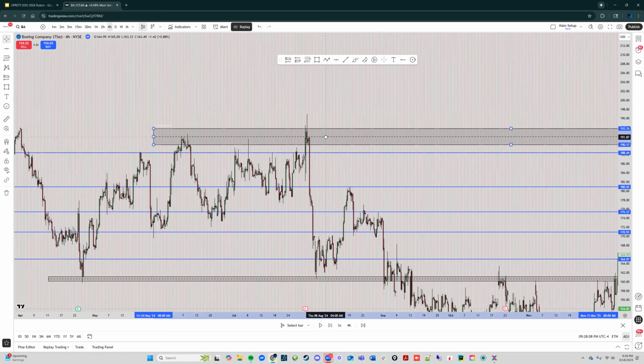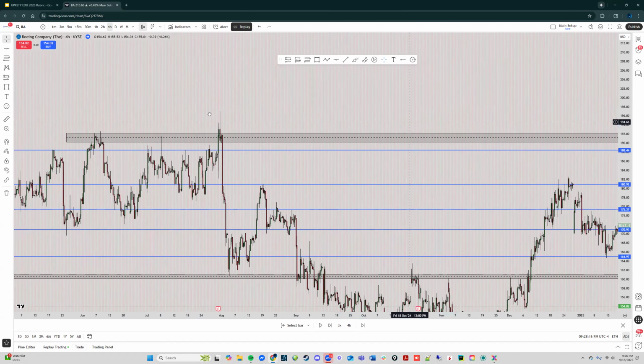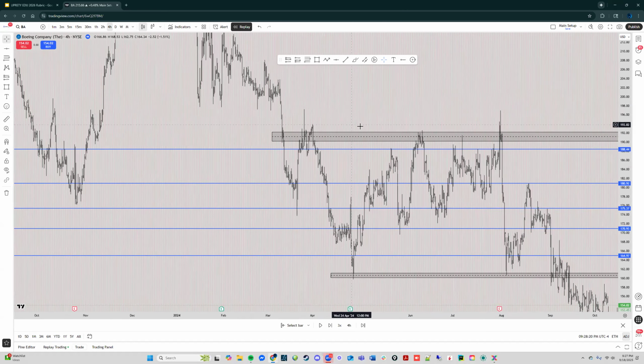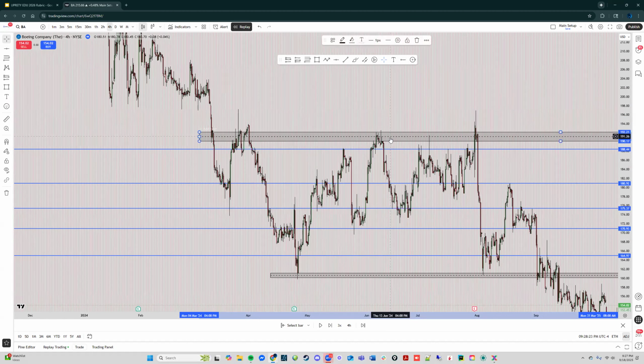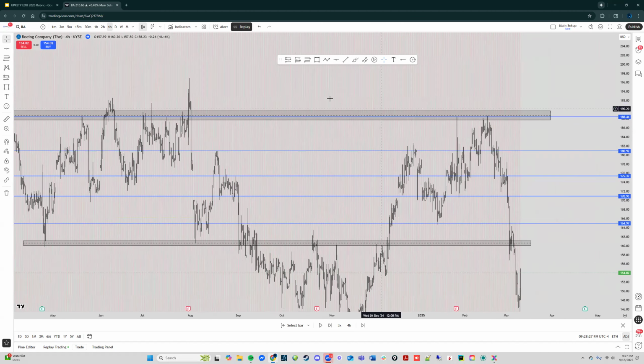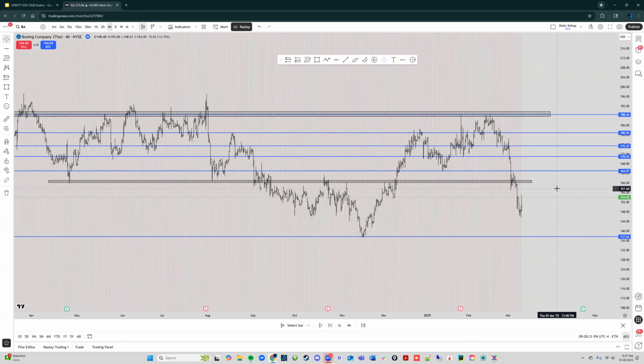Let me try to fix it here. Should I leave it there or move it down here? All right, I'm going to move it down here. Are you guys pretty happy with this now? I think everybody likes it.